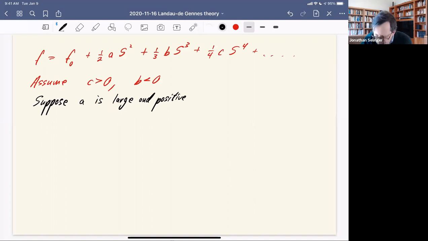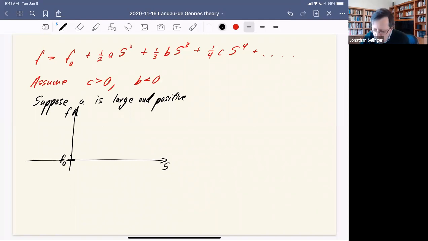In that case, let's plot the free energy F as a function of S. Well, it starts off at F0. Here, I'll draw this axis right here at free energy F0.